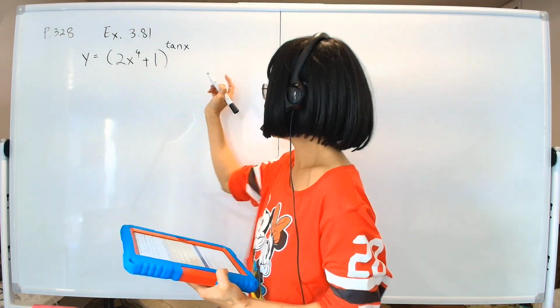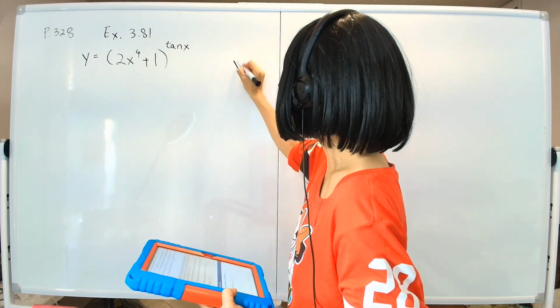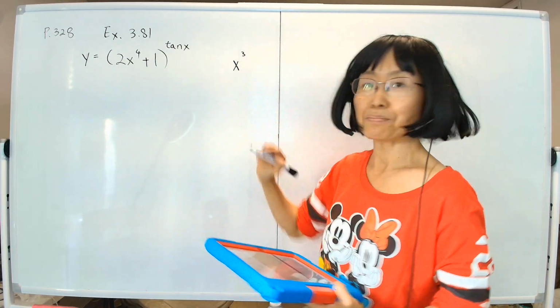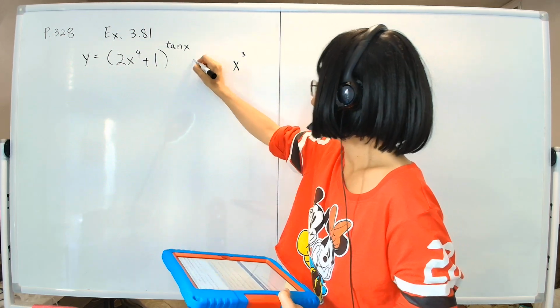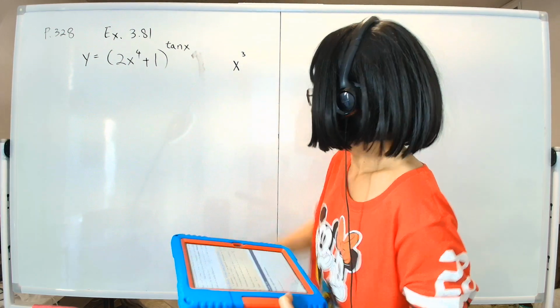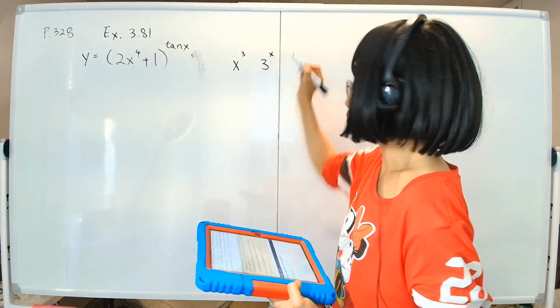We have done similar things. The first thing we have done is of course something like x to the power 3. How would you take that? You apply the power rule. Another thing we have done so far is 3 to the power x.